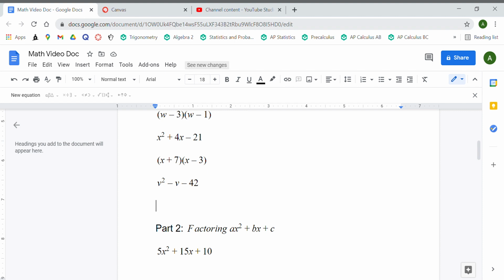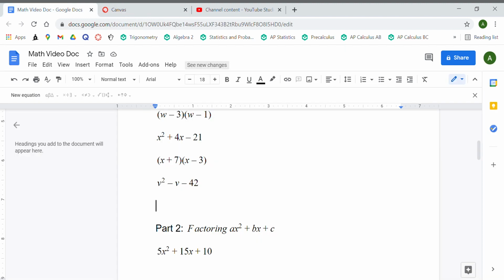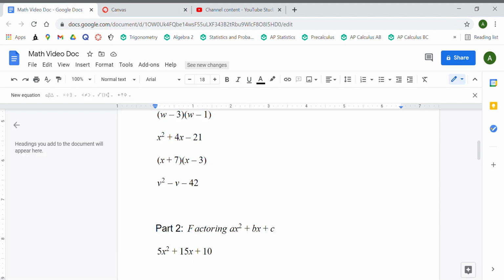Okay, so let's try it out. So we're going to clear this out. 42 is our value we're looking at. So we must look for the factors that subtract to 1.